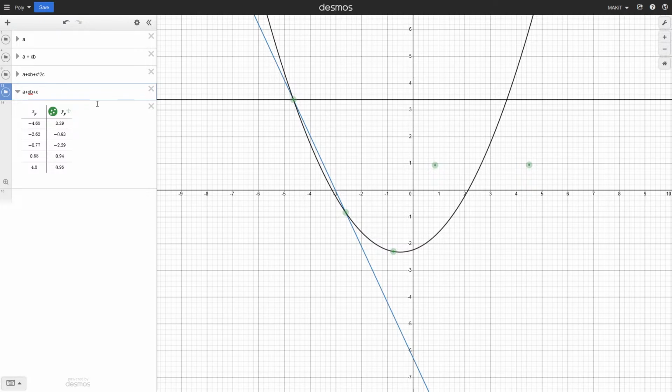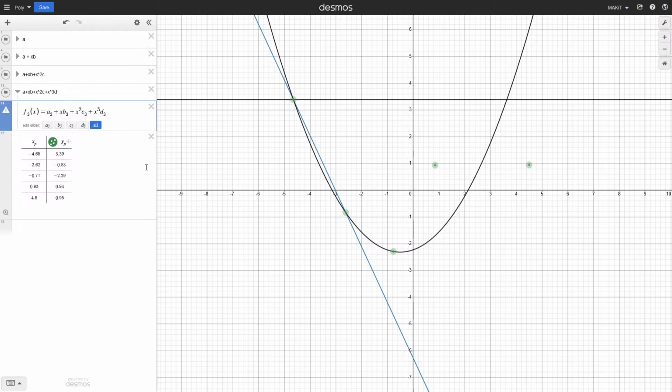Plus x b, plus x squared c, plus x cubed d. Let's do it. a3 plus x b3 plus x squared c3 plus x cubed d3.